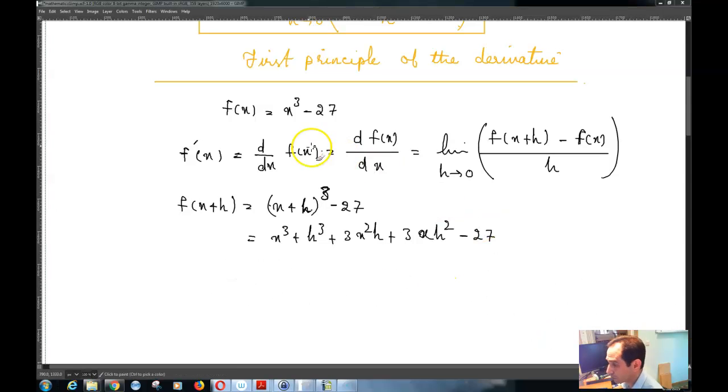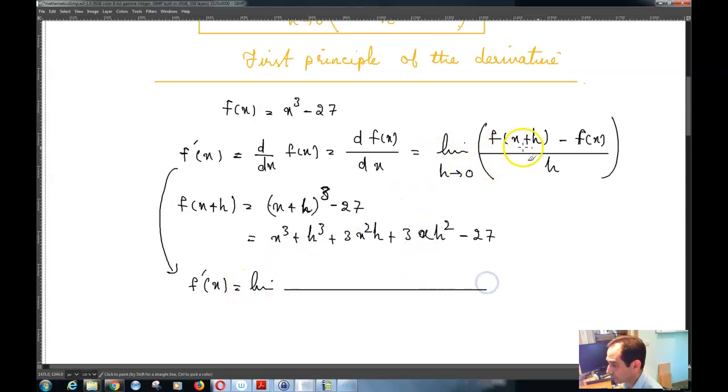So then I can write f prime of x as the limit of f of x plus h, which is this function over here, x cubed plus h cubed plus 3x squared h plus 3xh squared minus 27 minus f of x.